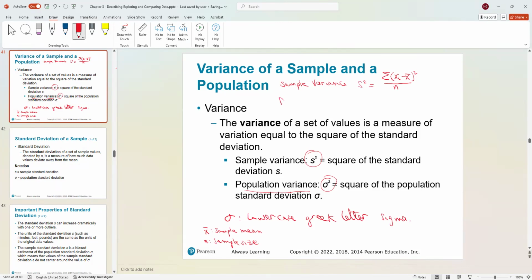But if you do it for the population variance, you need to write those formulas.